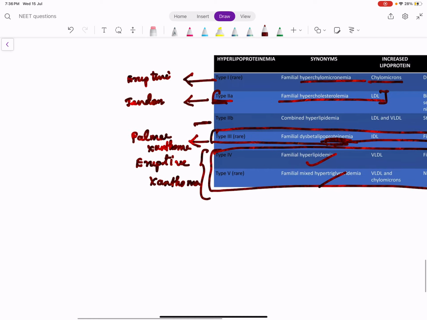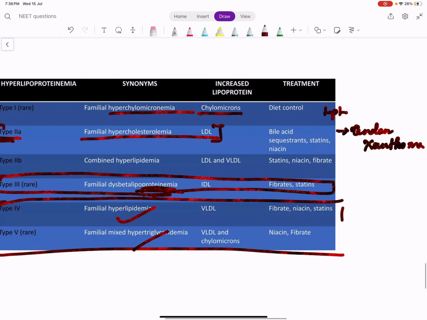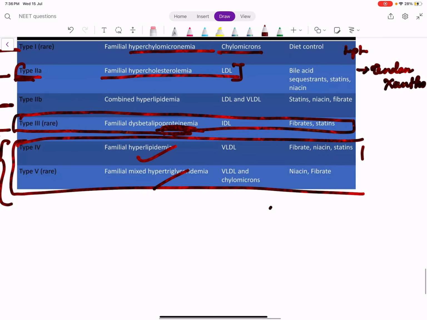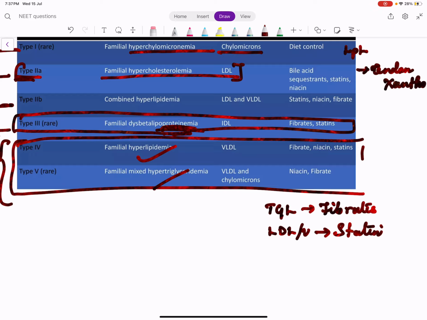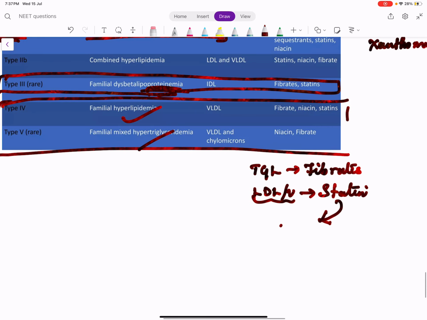In this slide also I had presented to you. See, the type of drug given in dyslipidemia depends on the type of lipid which is elevated, because if TGL is high, we give fibrates, fenofibrate, etc. If LDL or VLDL is high, we give statins, atorvastatin, rosuvastatin, pitavastatin, etc. When LDL is high, the next step which we give is ezetimibe.